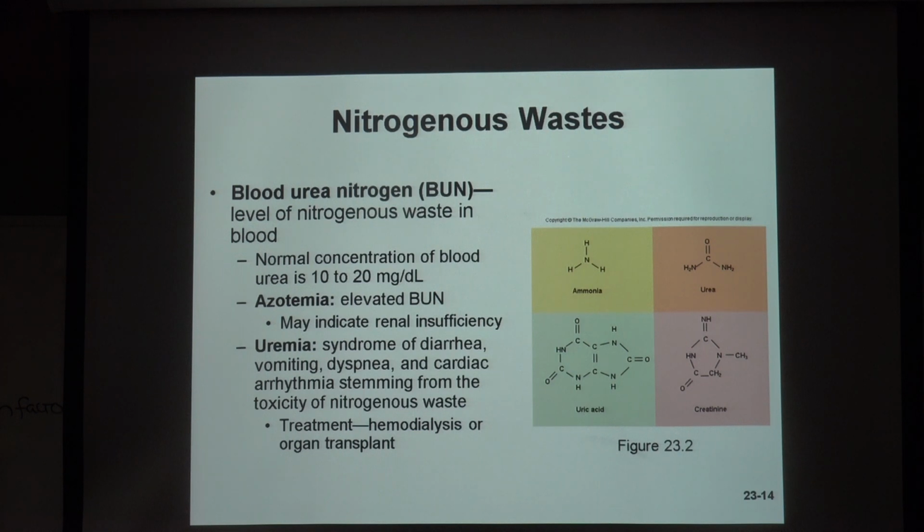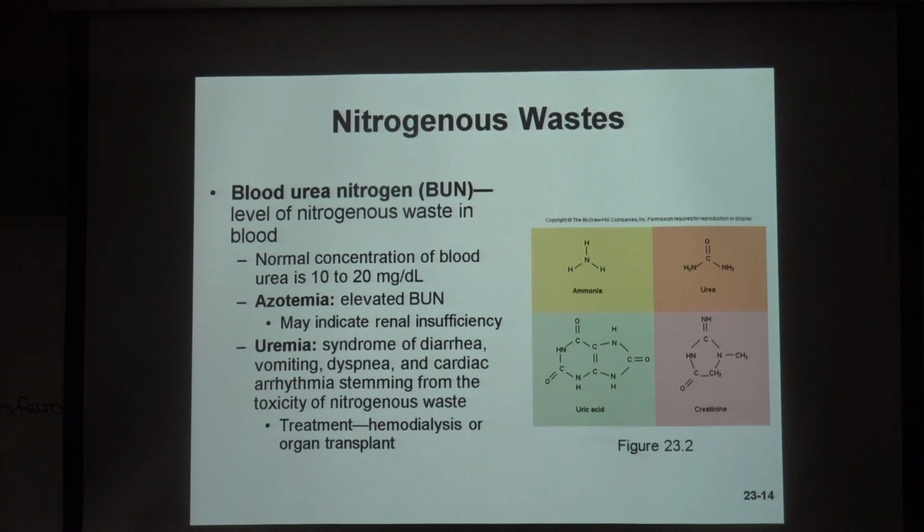Azotemia is an elevated blood urea nitrogen level. It means that the kidney probably is not functioning to pull off enough nitrogenous waste, and is a big indicator that maybe there's damage to that kidney and that nephron unit.